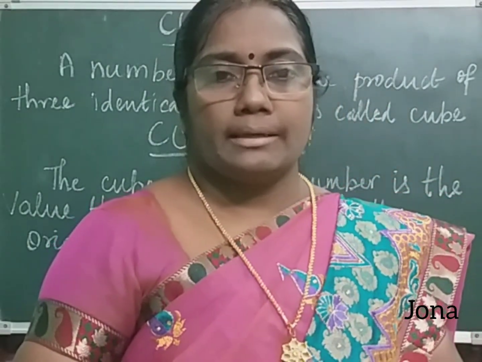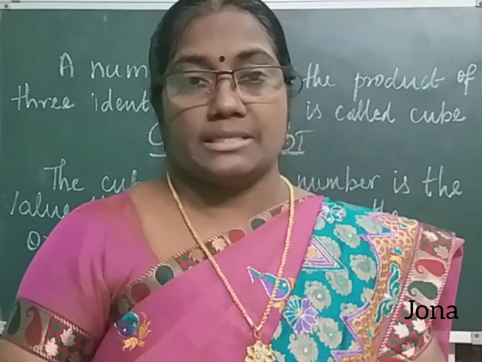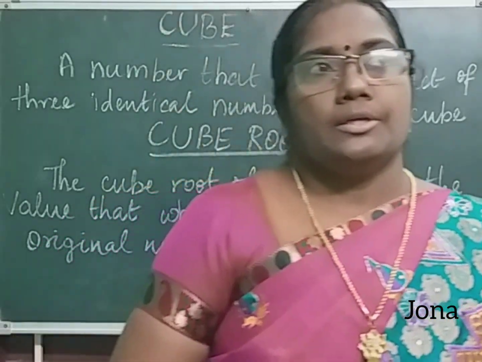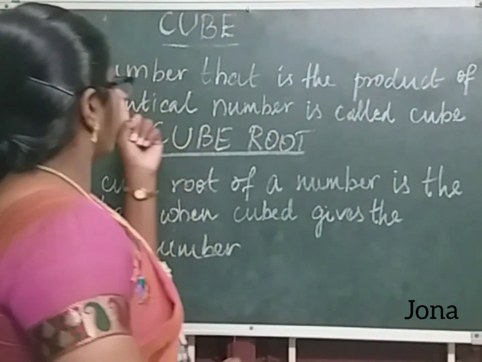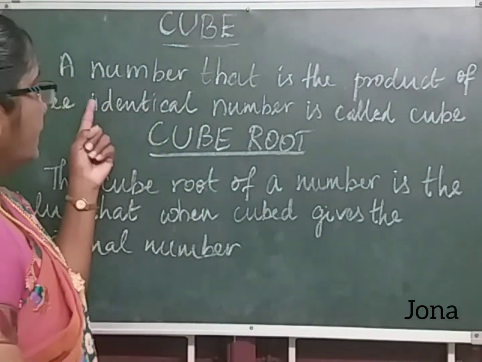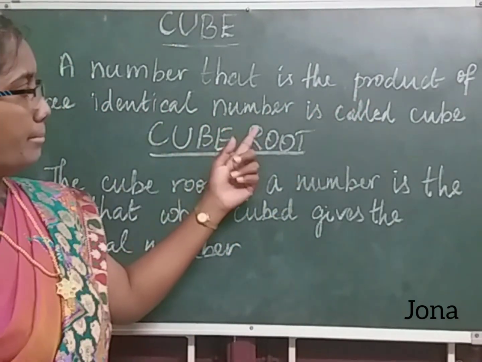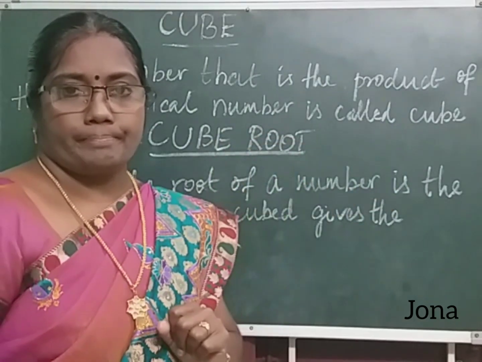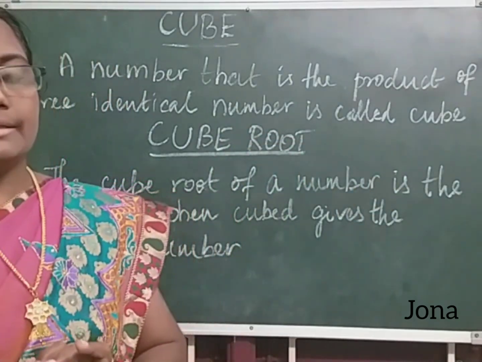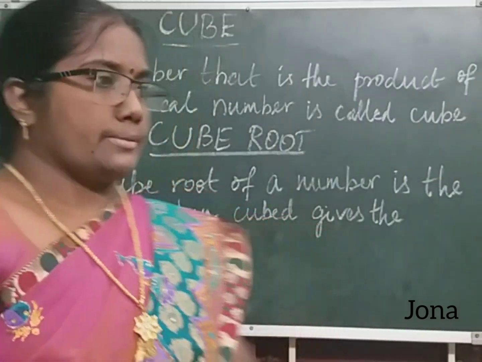We have to multiply a number by the same number 3 times. So by the definition, the product of three identical numbers is called a cube.